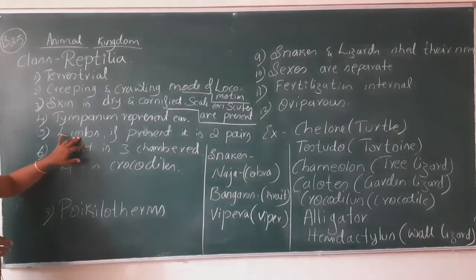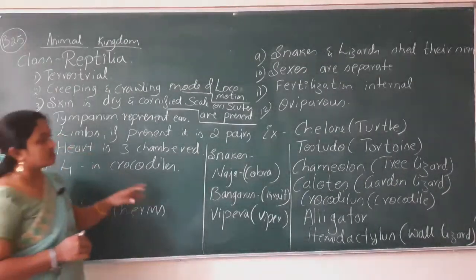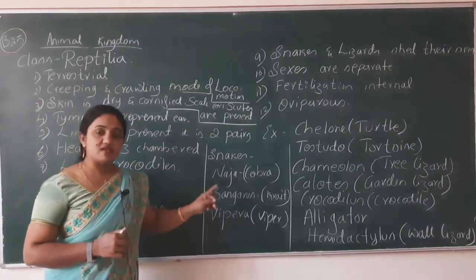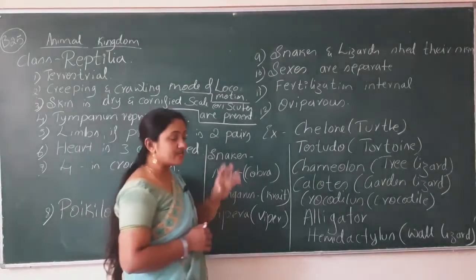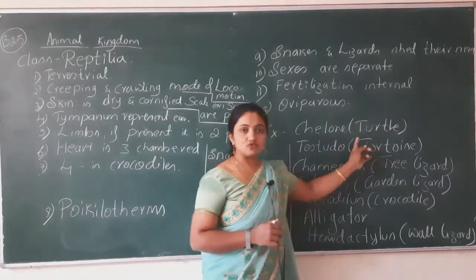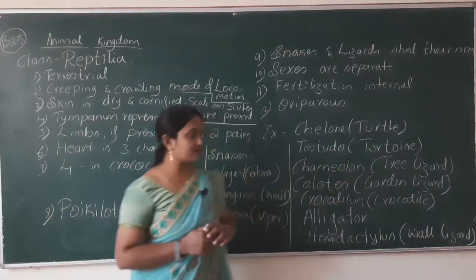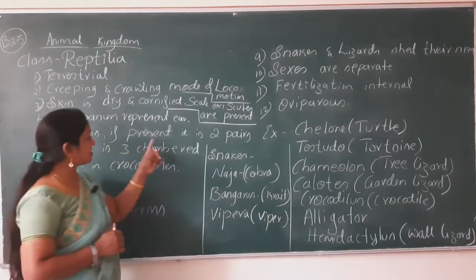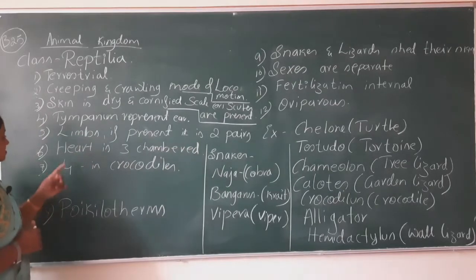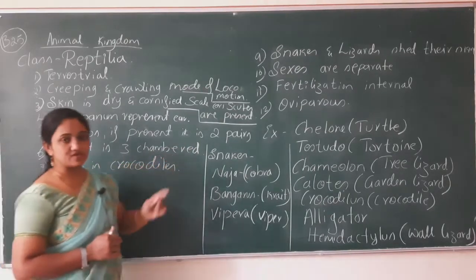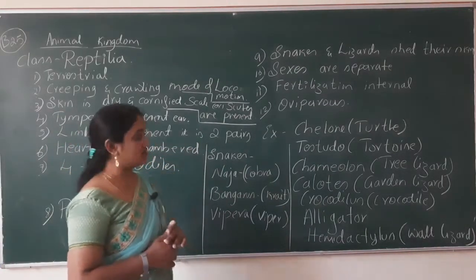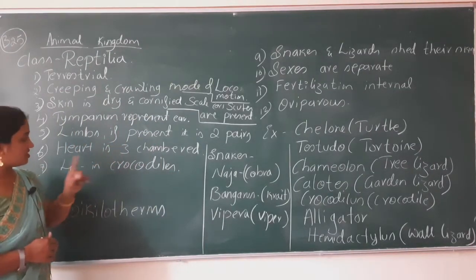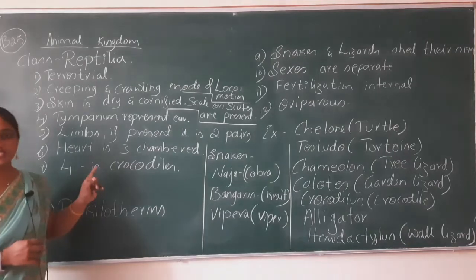Limbs, in some organisms limbs are absent, like in these kinds of organisms, but if present, there are two pairs of limbs. Heart is three chambered, two auricles and one ventricle, but with one exception, in crocodiles it is four chambered.